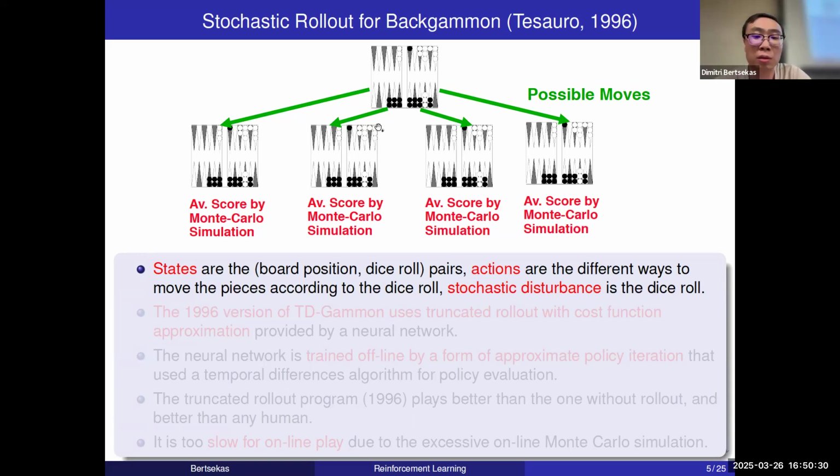So the Backgammon game. Let me remind you what this game is about. It's a two-person game. For convenience of this lecture, let's assume that we are playing this game against a fixed opponent.